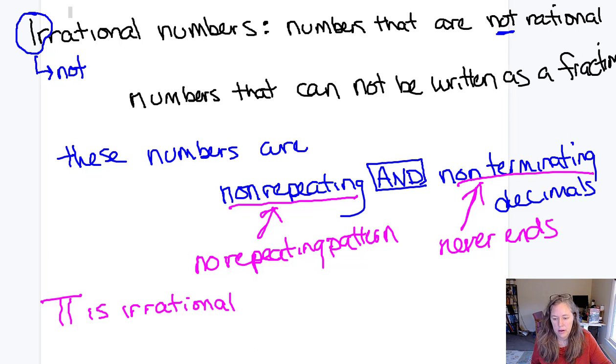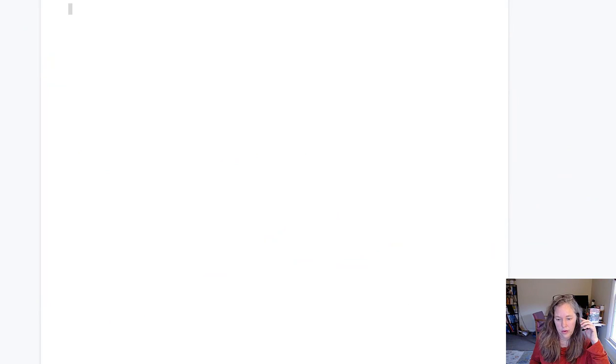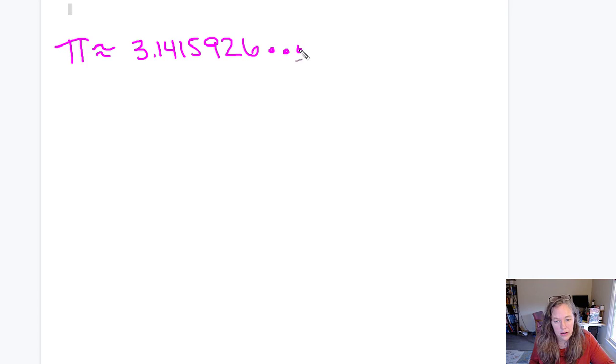A decimal approximation of pi is about, the wiggly equal sign means about, 3.1415926 dot, dot, dot.